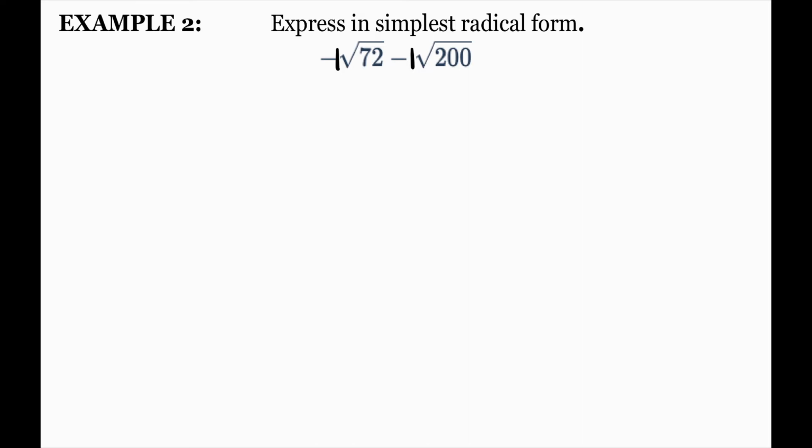So 72 and 200, they're not like terms, but they might have pairs in there. So I want you to break down 72 and then break down 200. Do that right now. See what you get. Look for pairs.